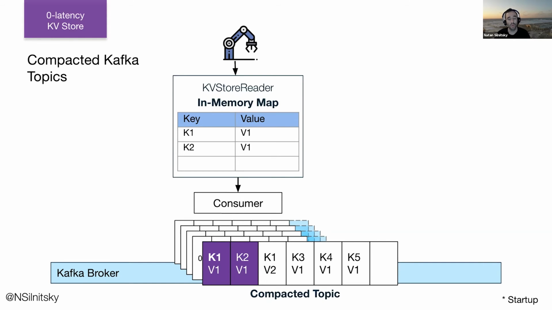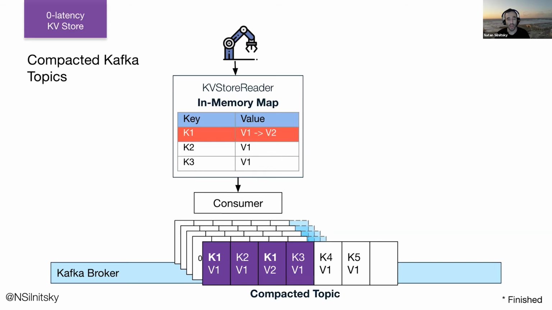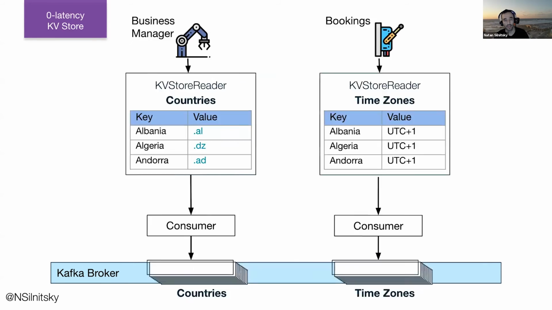And this consumer reads this compact topic, and it loads everything into memory on startup. And it sees that key one has a new value with v2, so it updates the in-memory map. And when everything is finished, you will have an up-to-date in-memory map that you can start using in your service in memory. So it's really fast access.